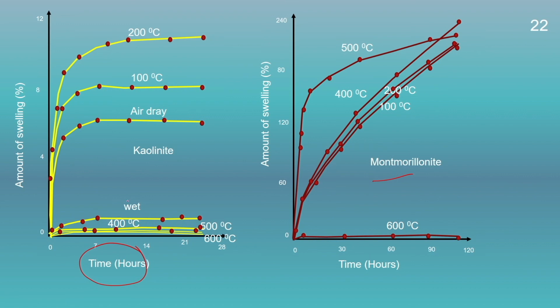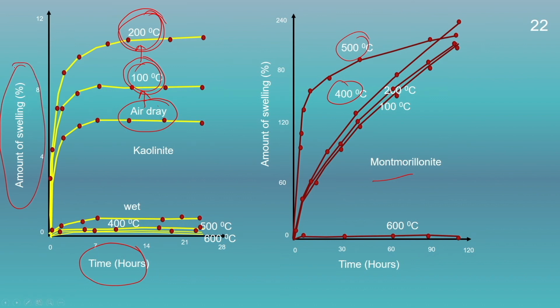We could see here in this case the soils were heated to different temperatures, then allowed to swell. So, soils which were heated at 200 degrees centigrade or up to 200 degrees centigrade, the swelling got increased. We could see here, this is for air dry soil sample, this is 100 degrees centigrade and 200 degrees centigrade. So, initially with an increase in the heating temperature, the swelling gets increased.